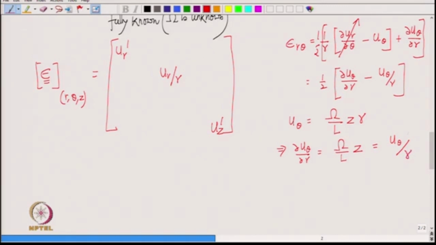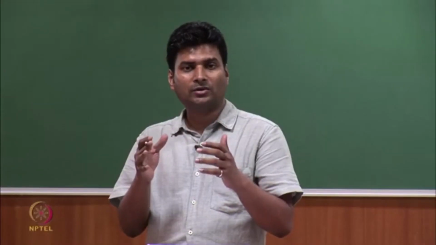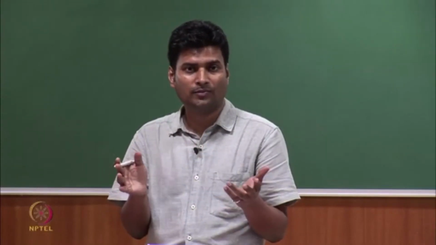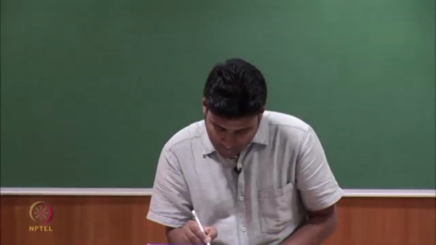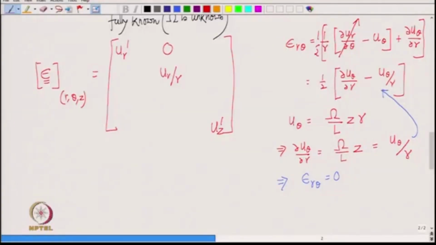When we substitute this here, we see that epsilon r theta is actually 0. So, for this spatial deformation, there is no shear strain in the r theta plane. So, gamma r theta, which is twice epsilon r theta, is 0. So, we can write 0 here.